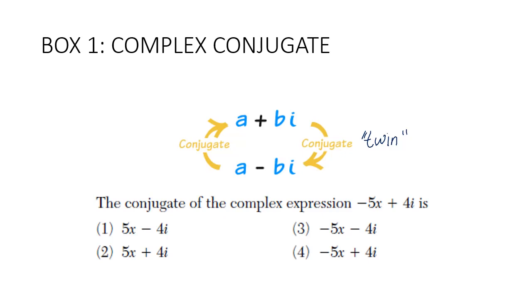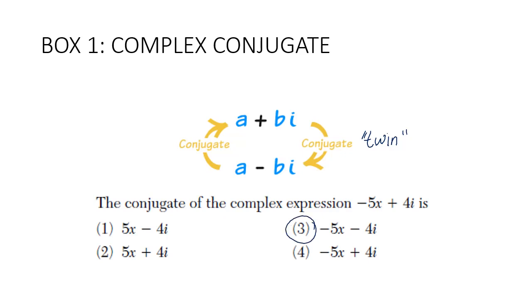So for example, if we look here, we have this complex expression, negative 5x plus 4i. Which number is its twin? Your a is going to stay the same, but what changes?